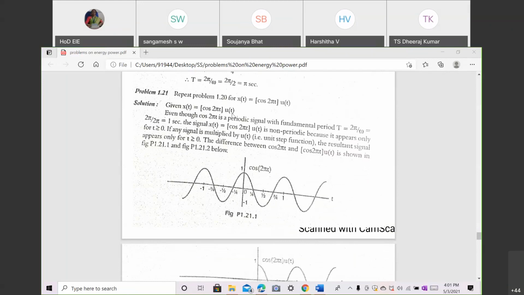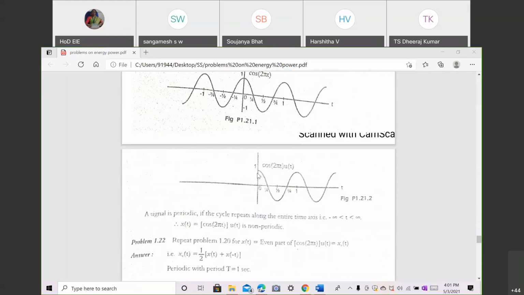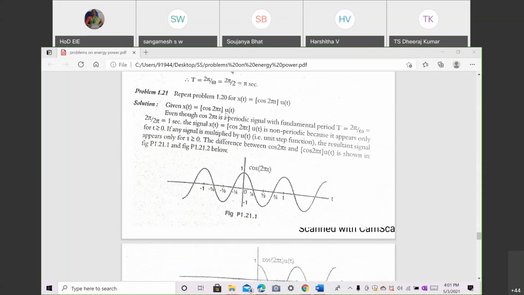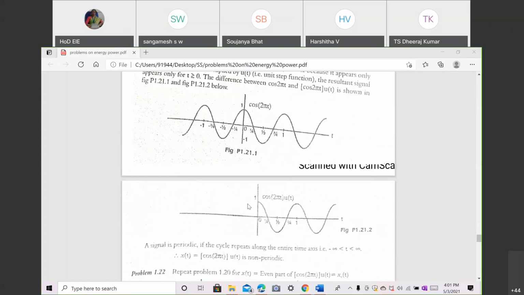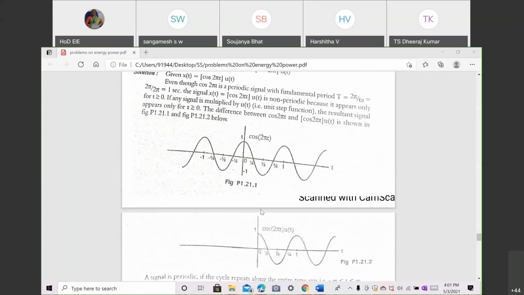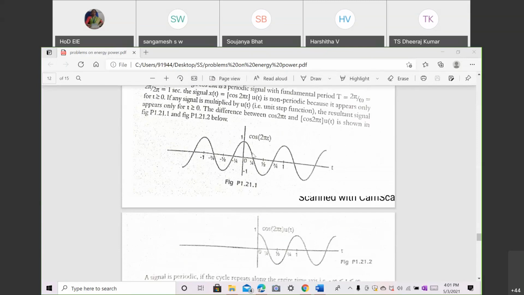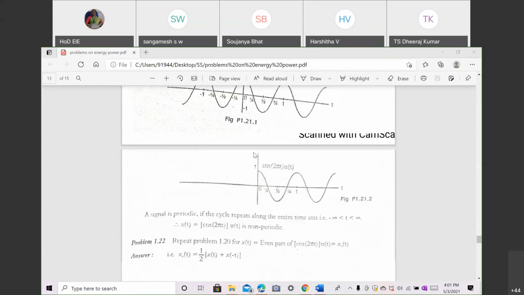After multiplying with the unit step signal, we get the waveform only on the positive side, and we lose the left-hand side of the waveform. That's why it is not periodic. Periodic means it should extend to the left side also.